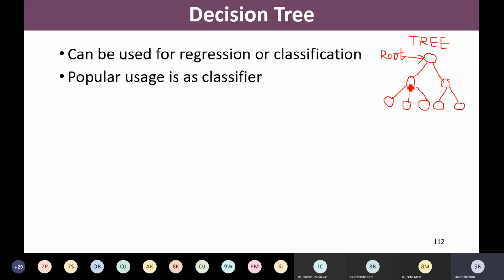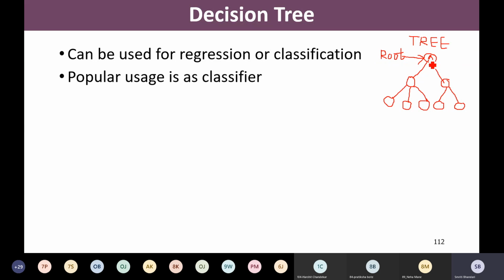Now this is the root node. We say that this is a parent node, and below this node we have these two nodes. So these are the children of this parent. Similarly, these three nodes are the children of this node. Let us name these nodes so that we can understand.